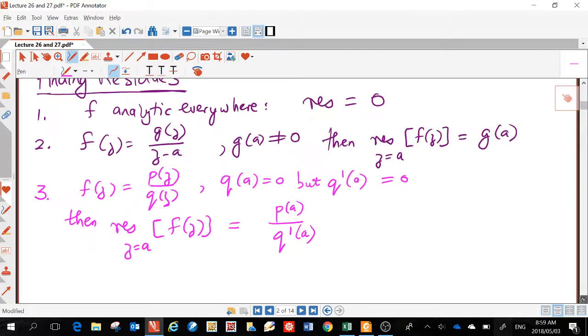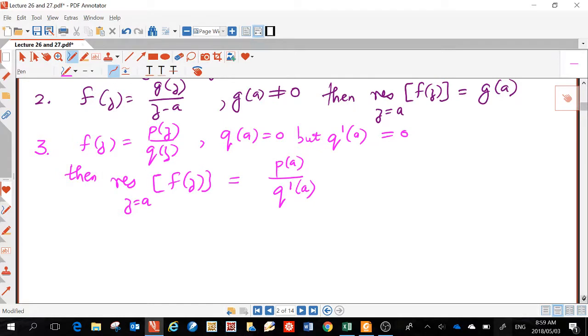And one last one on the scheme. Number 4. What is the last one? When you have a repeated pole. So f of z is some g of z over, let's say, z minus a to the power n. z minus 2 cubed or something.